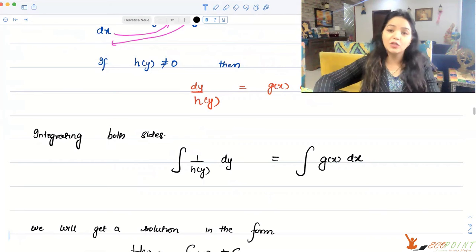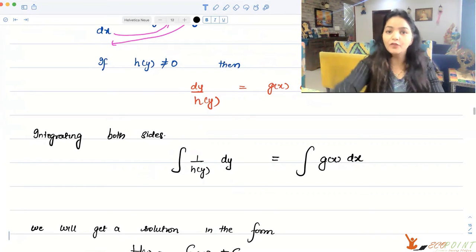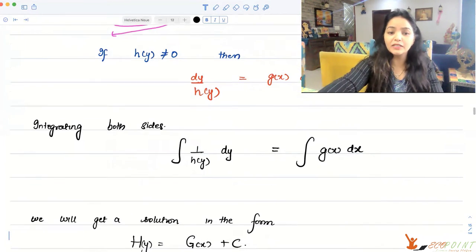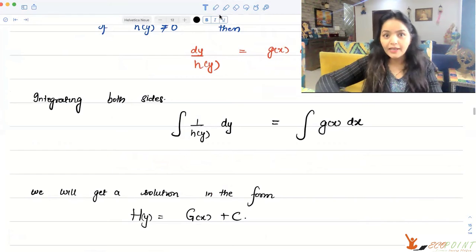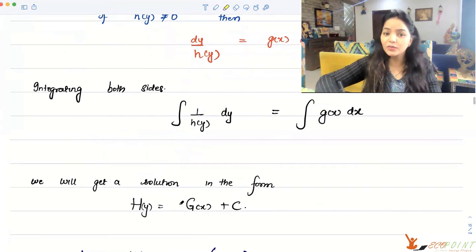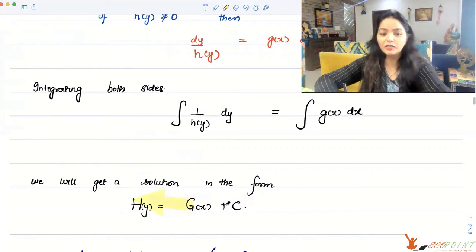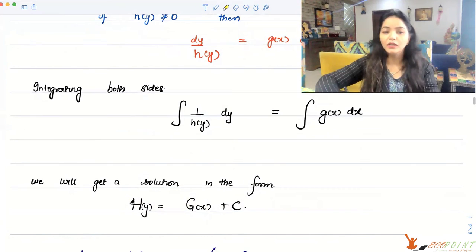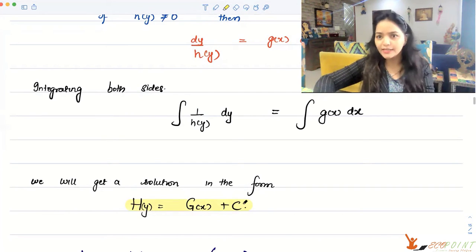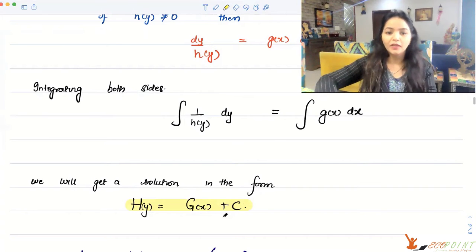We will get a solution in the form, of course, from the left hand side you will have something in terms of y, and on the right hand side something in terms of x. So you will get an expression like this: H(y), some expression in y, equal to some expression in x, G(x), plus some constant c, because when you integrate you do get this constant value, right?